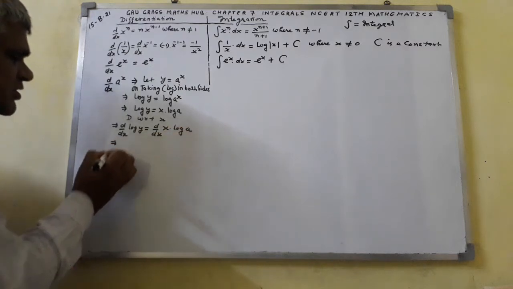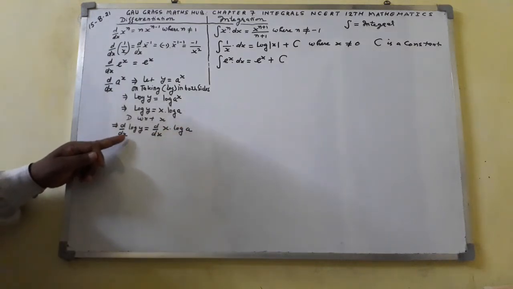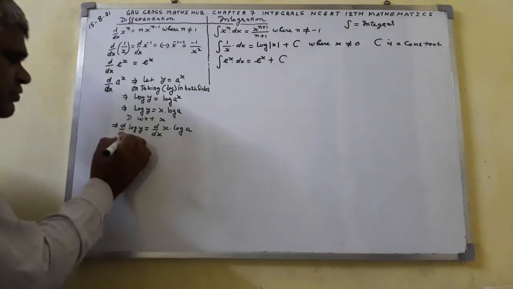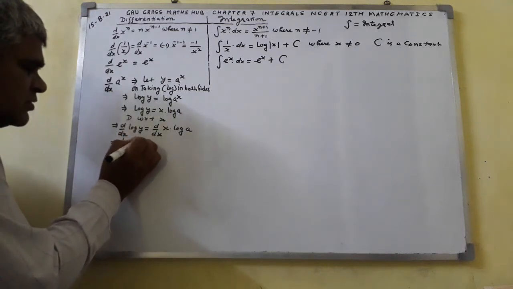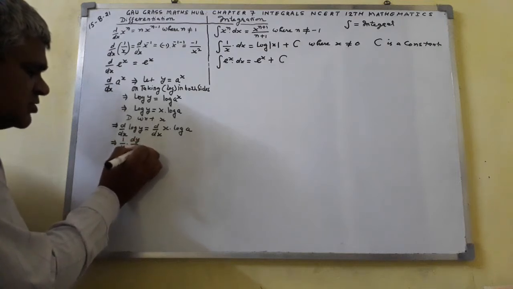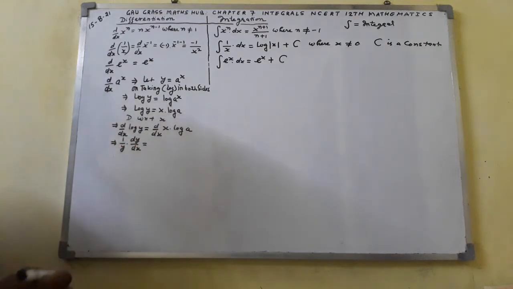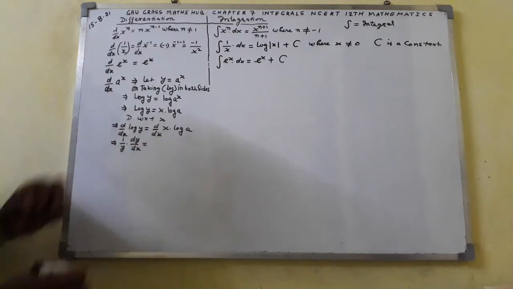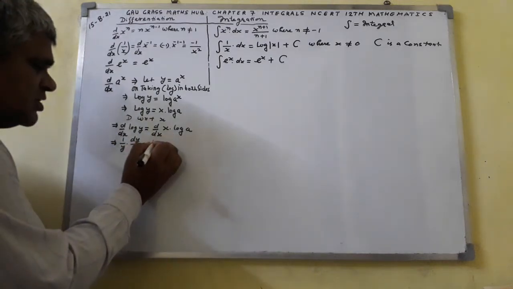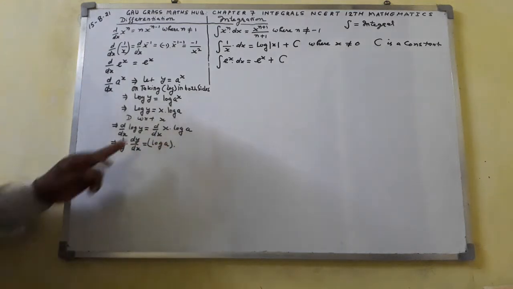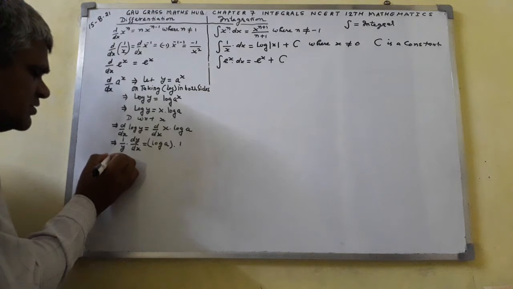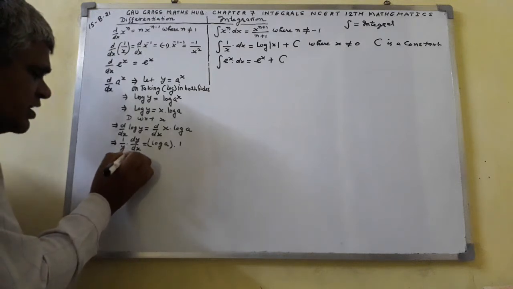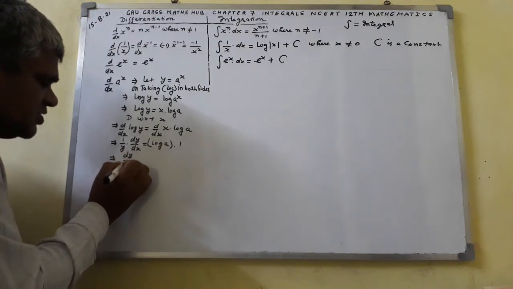You will get here d over dx of log y comes out to be 1 over y dot dy over dx equal to, here log a is a constant, you will get here log a, and d over dx of x comes out to be 1.